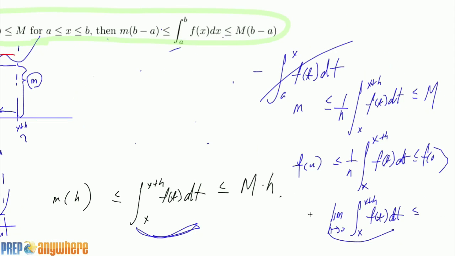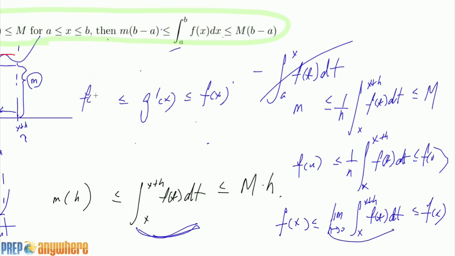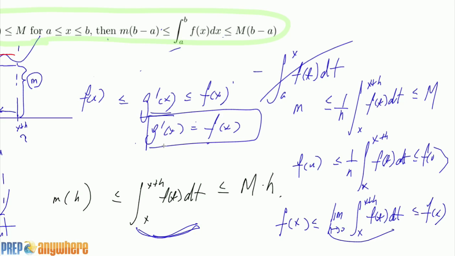So these are essentially going to be f at x. I just proved it. So the center expression is g prime at x. I just showed you guys that this will be, by the squeeze theorem, f at x.